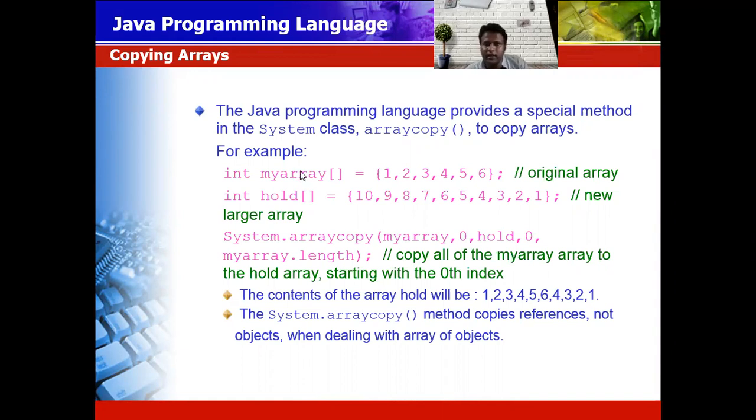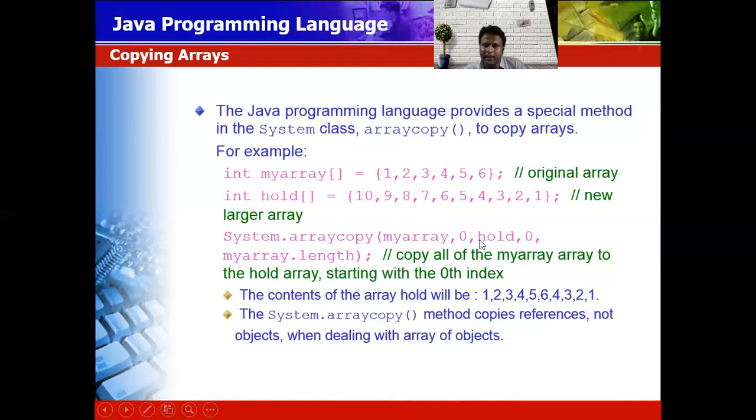If you check here, I define int my array, values are 1 2 3 4 5 6. In hold array, I store 10 9 8 7 6 5 4 3 2 1. Now I want to copy the array elements from my array to the hold array.